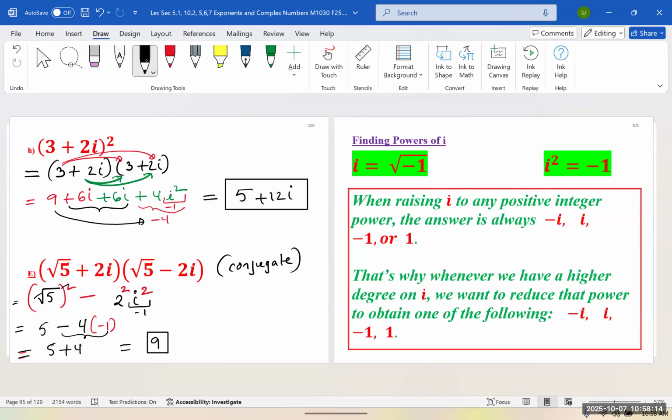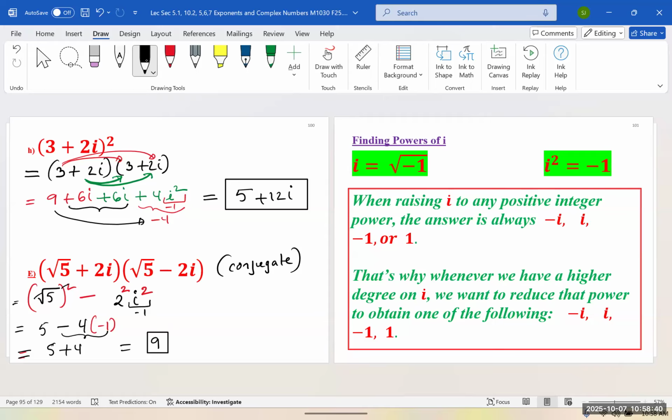So anytime you see i with any other power besides 1, you must reduce it down. And when you reduce it down, you get 4 choices. Either your answer will be -i or +i, or your answer will be -1 or +1.